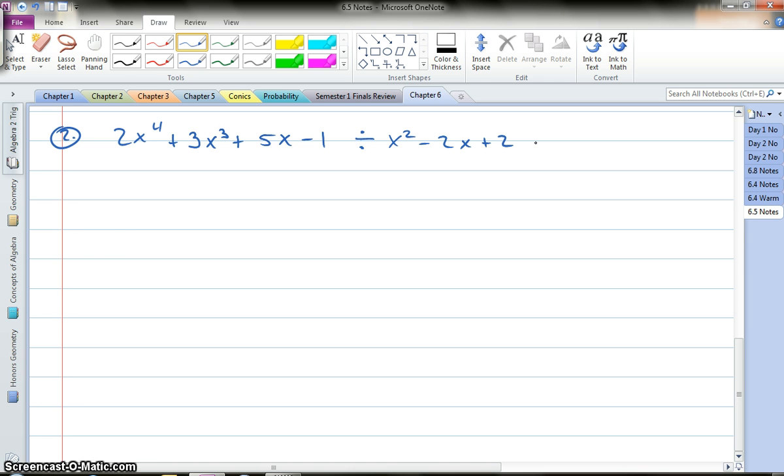Now, when we set this up, you have to be very careful because something occurs here. I notice we have 2x to the fourth plus 3x to the third, but however we're missing our x squared term. Now it's very, very important that we put a placeholder there, because otherwise it messes up our whole process.